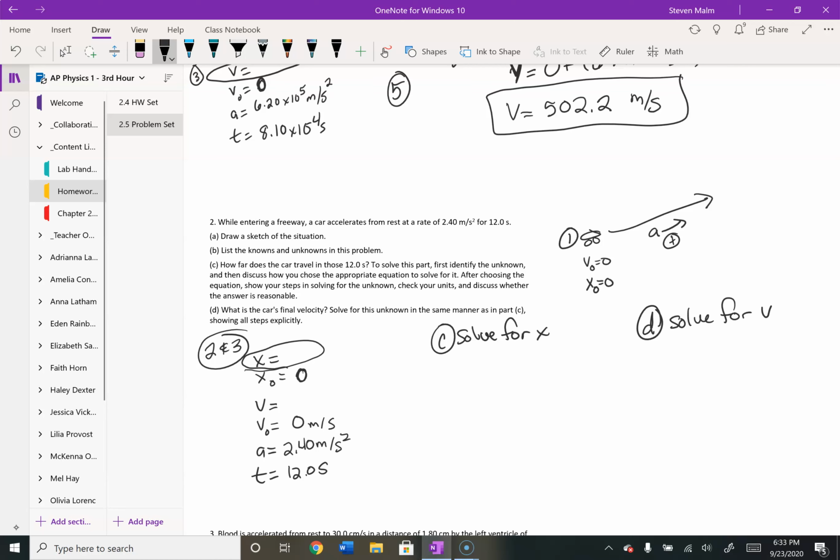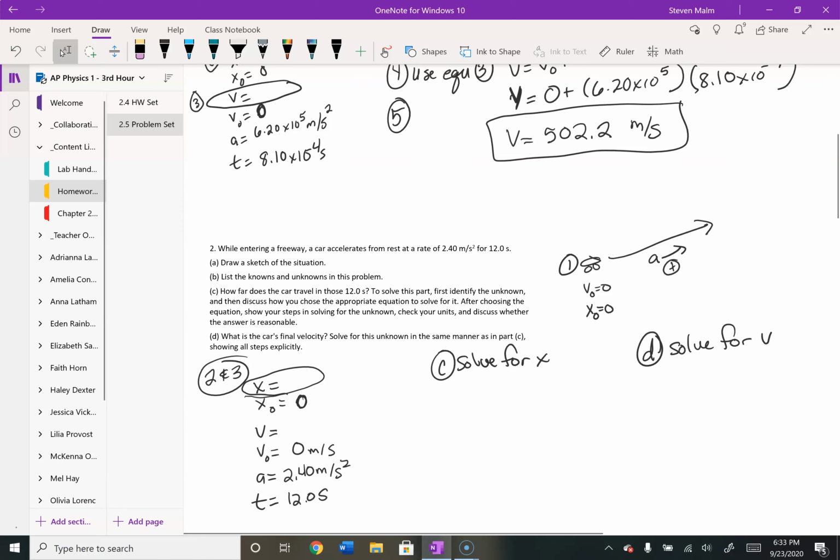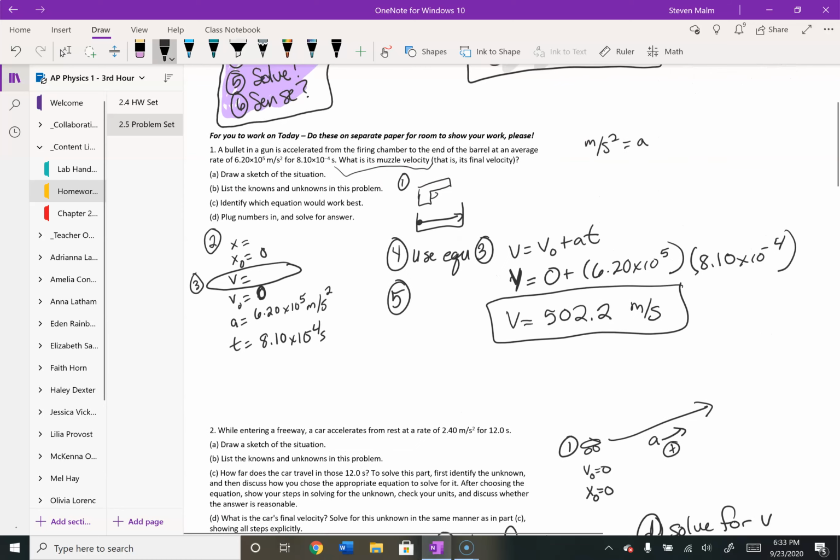Once we know x, we can fill that in our table, and we can go back and use that information to help us solve for v as well. These two situations are connected, so it's okay to have overlap as far as variables are concerned. But for now, let's find a value that will let us solve for x given v naught, a, and t.